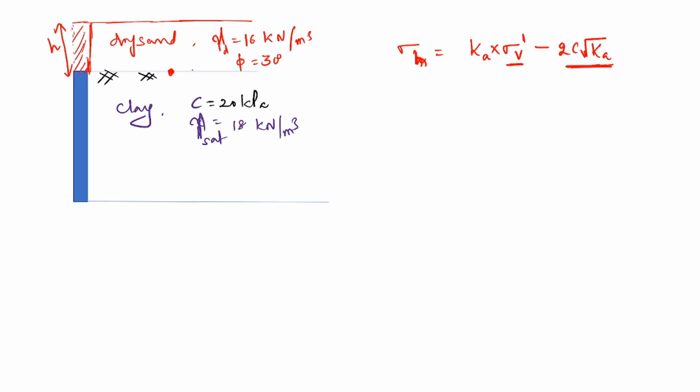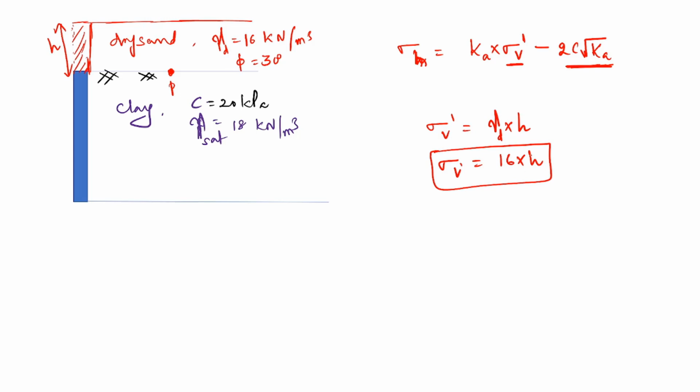So now at point P, what is the effective vertical stress? Effective vertical stress will be gamma multiplied by h. H we don't know. So gamma is 16, gamma dry, because only sand we are keeping, 16 multiplied by h, otherwise it will be directly minus 2c under root k.